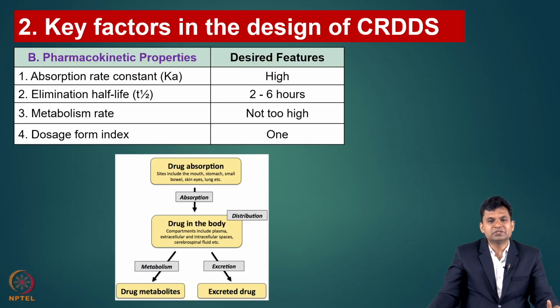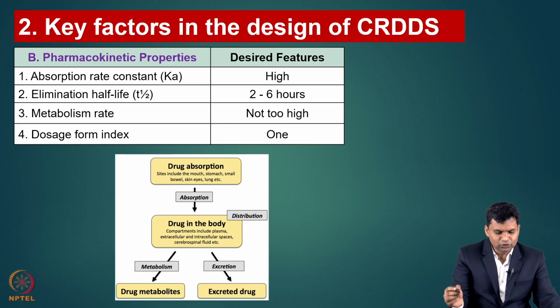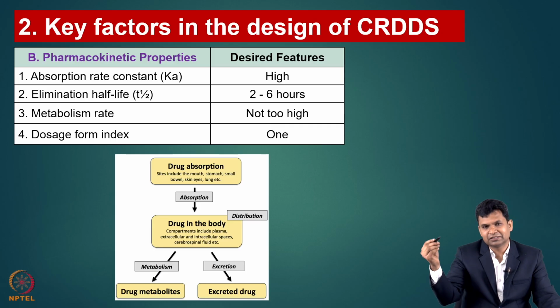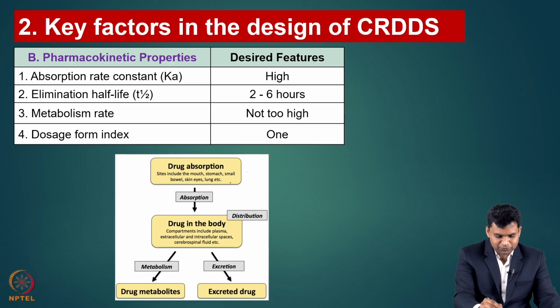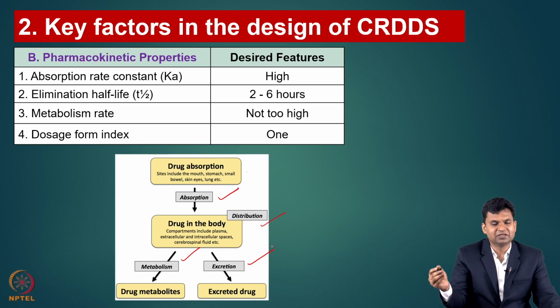Here we are going to discuss the various pharmacokinetic parameters for a drug. We need to consider not only biopharmaceutical properties, but also pharmacokinetic properties while designing controlled release drug delivery systems. Now, we know that after administration, the drug will follow various pharmacokinetic profiles. Here comes absorption, distribution, metabolism and excretion, which is also known as ADME.